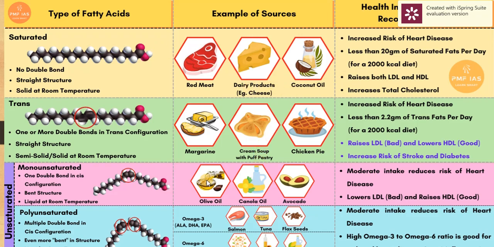Monounsaturated or polyunsaturated are found in olive oil, canola, avocado, nuts, corn oil, and sunflower. These are different types of food containing saturated and unsaturated fatty acids.